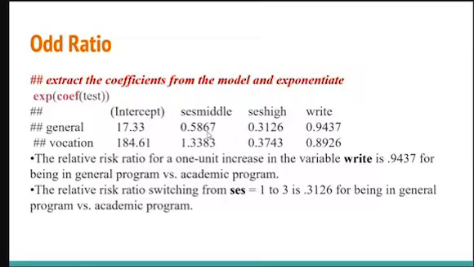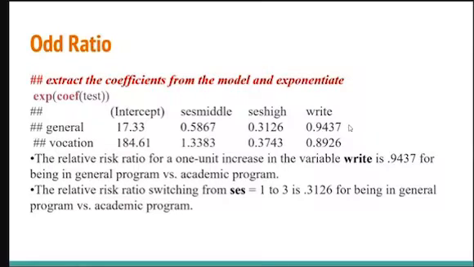Okay, like for instance, you can see for write, how can I interpret the odds value for the predictor write for general is 0.9437. I'm actually going to be talking about relative risk. Relative risk means I'm considering the odds of one with respect to the other.